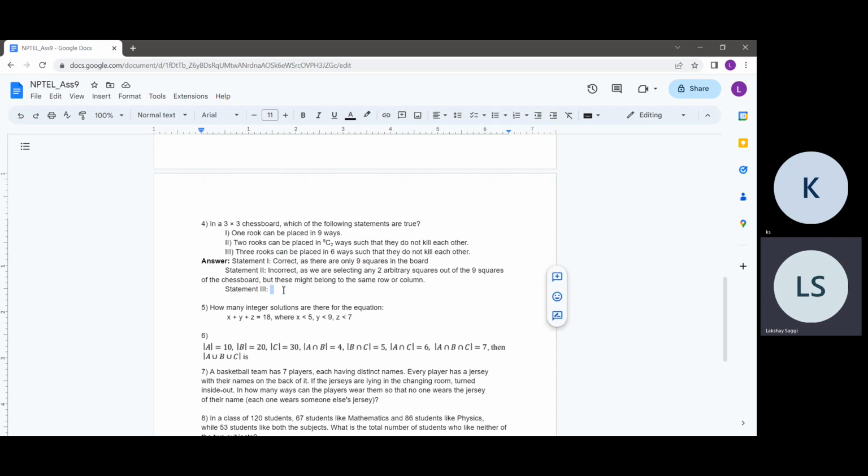This is basically finding a permutation of 3 numbers, and corresponding to every permutation, there will be a way to place the rooks. This must have been covered in lectures. So this comes out to 3 factorial, which is actually 6. So this statement is correct, as rooks can be placed in 3 factorial, which equals 6 ways.